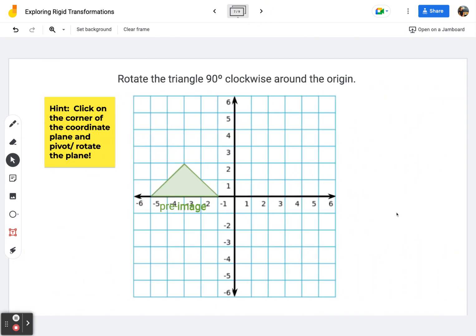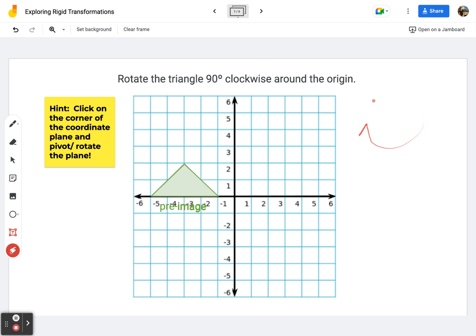Moving on to rotations. When we talk about rotations, we need a center. In this case, it's going to be the origin. Picture placing a thumbtack right here. We're going to spin our coordinate plane however many degrees and in whatever direction the description gives. So it's 90 degrees clockwise.